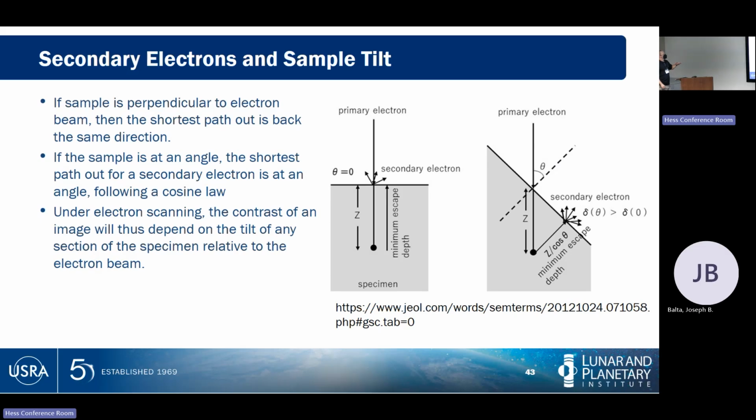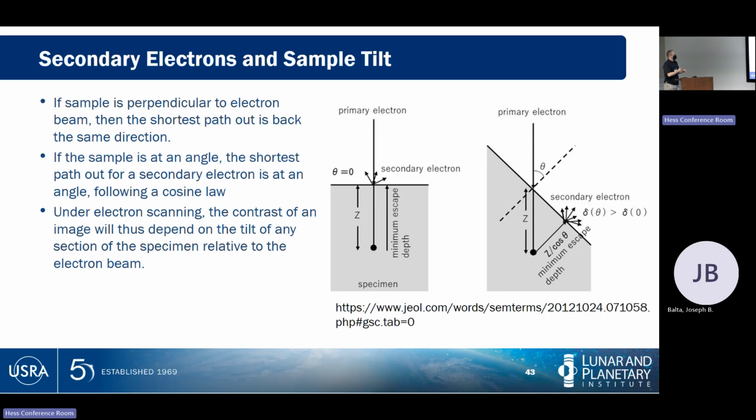So for secondary electrons, if we fire our electron down here, it goes into the sample, some amount come out that way, some amount go into the sample here. If there is an edge, though, we get a higher flux of secondary electrons coming out of our edge. There's a cosine built into the math here somewhere as well.